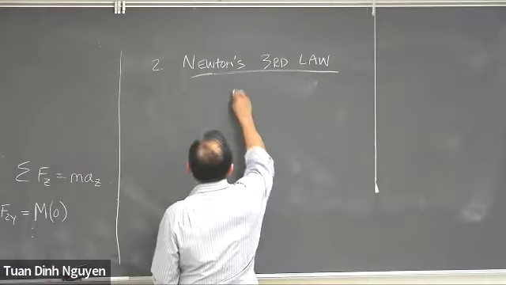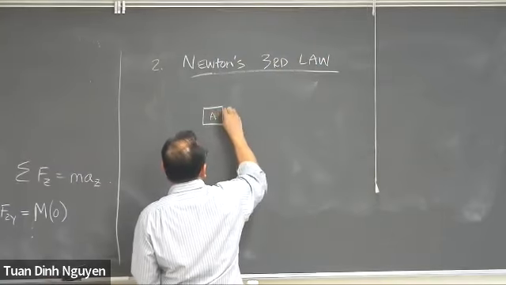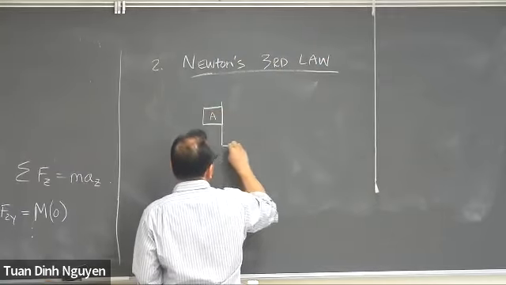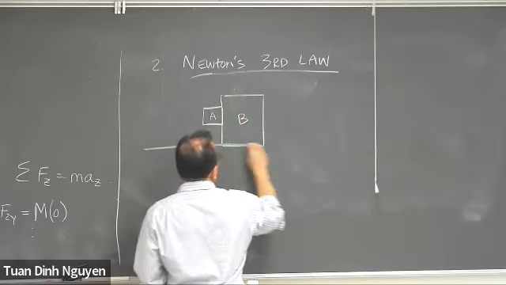So say you have two objects, A and B. This is a homework problem from last week.